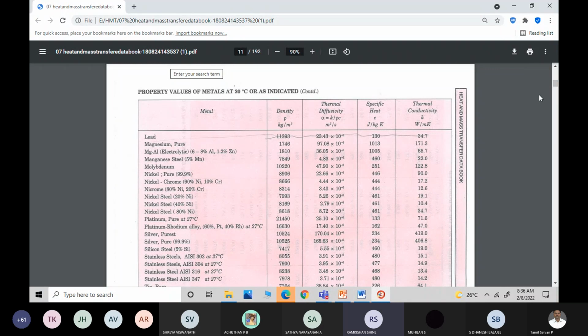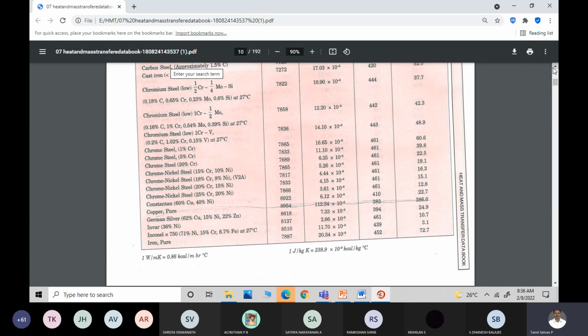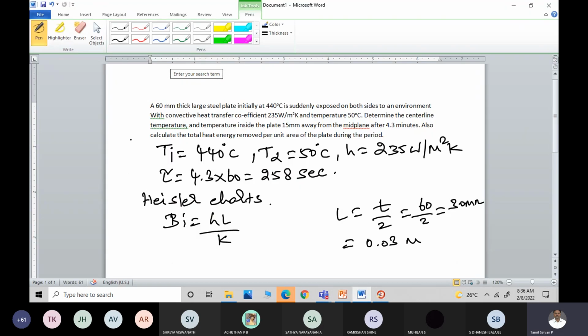Carbon steel is better, it will have better thermal conductivity, I think. Yes, carbon steel, page 2. All of you are able to see this? Rho is 7753, Cp is 486, and k is 36.3. All of you are able to see this? Yes, sir.